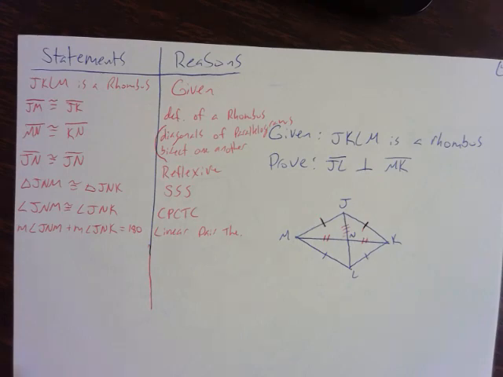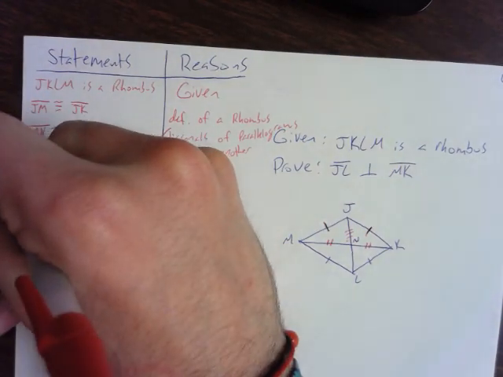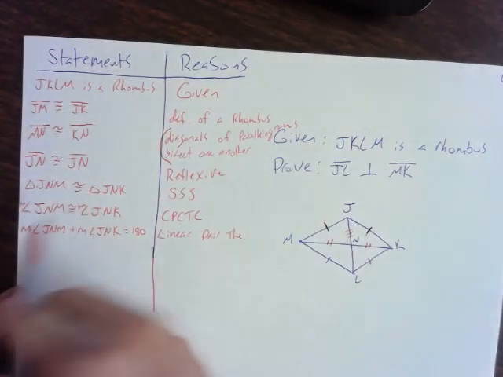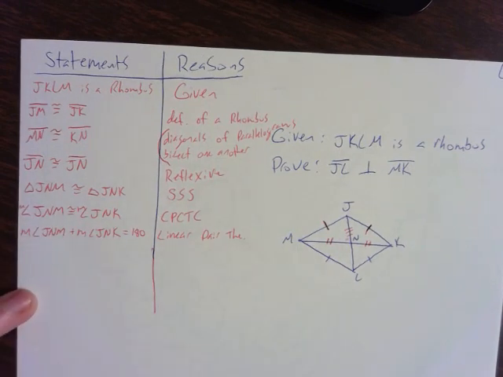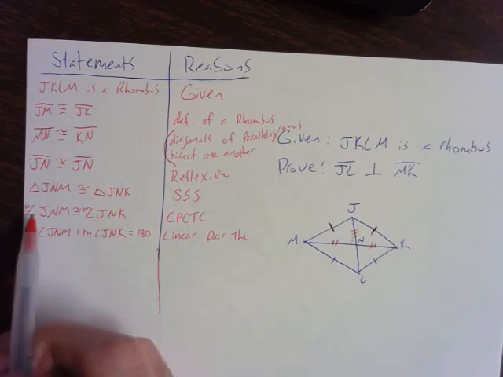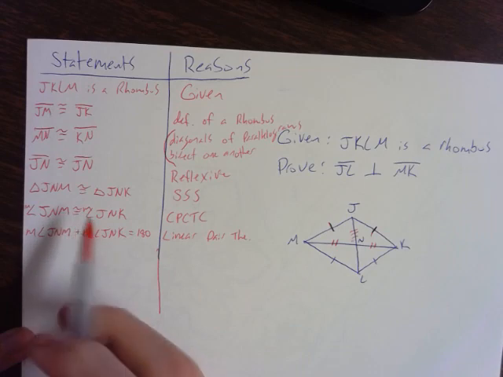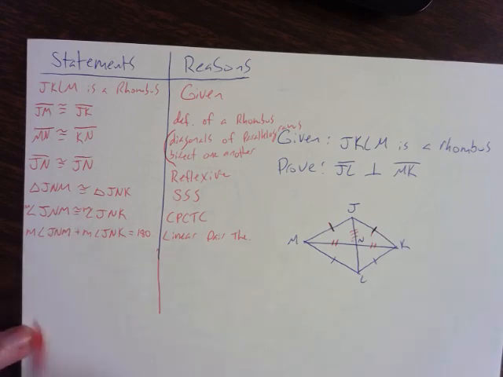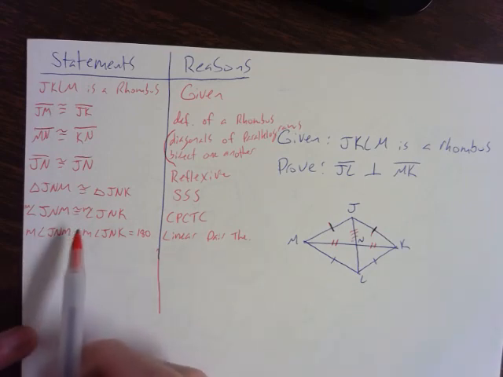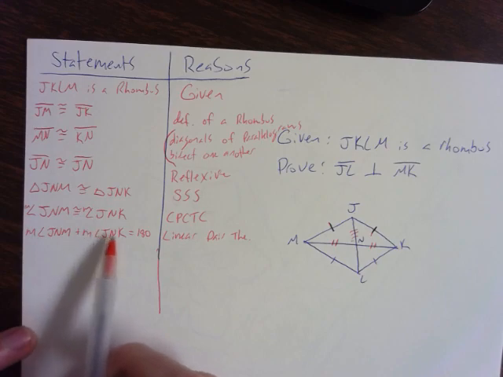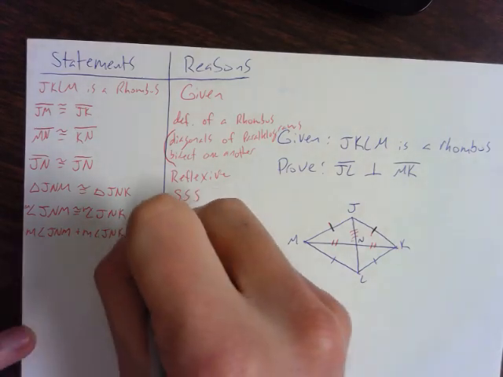And I'm going to go ahead and throw a measure up here with my angles just to save us some time. Now, I have the measure of angle JNM is congruent to the measure of angle JNK, and I have the measure of angle JNM plus the measure of angle JNK equals 180 degrees.